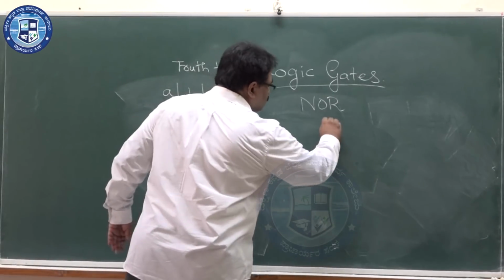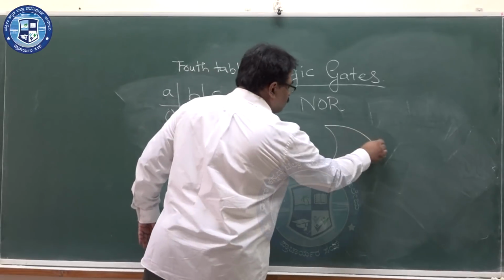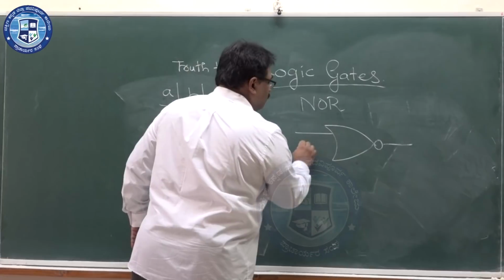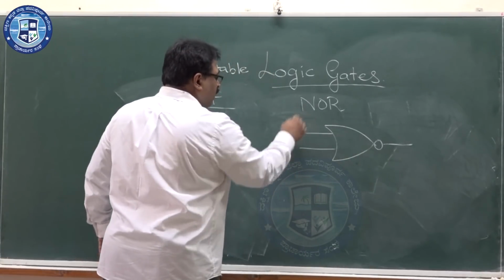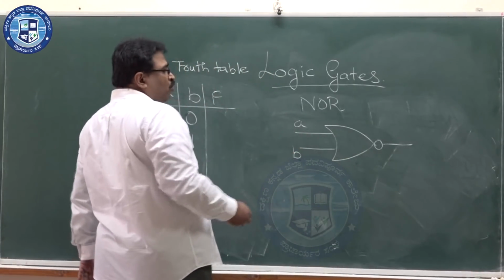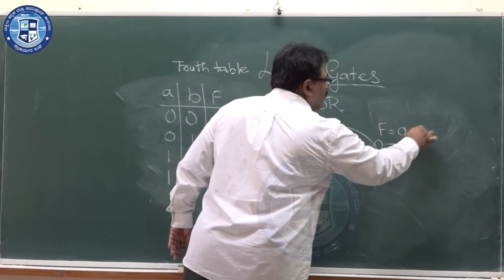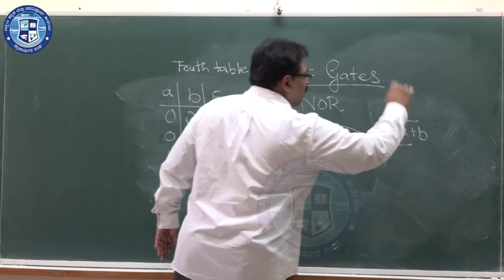First we'll draw the symbol of the same. Again, I'm taking two inputs, A, B. So what will be our output? F is equal to A plus B the whole bar.